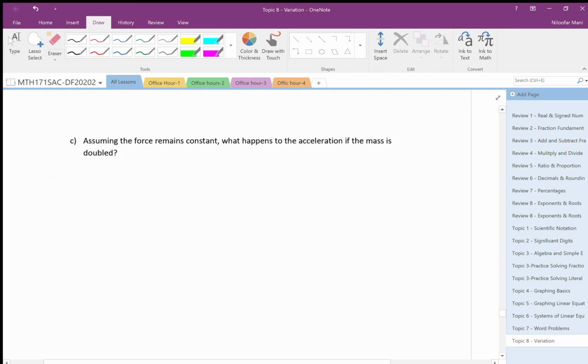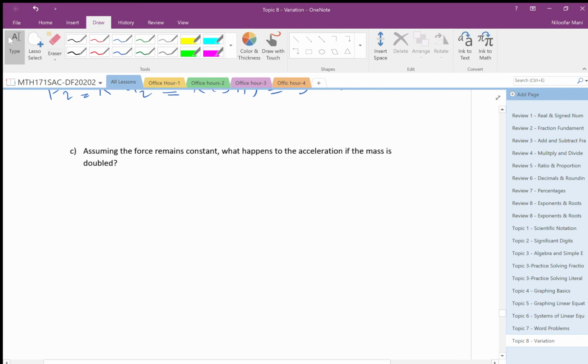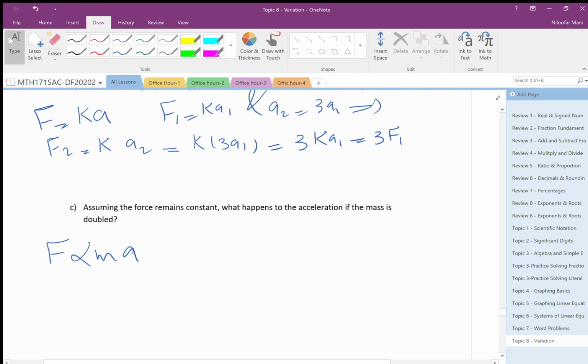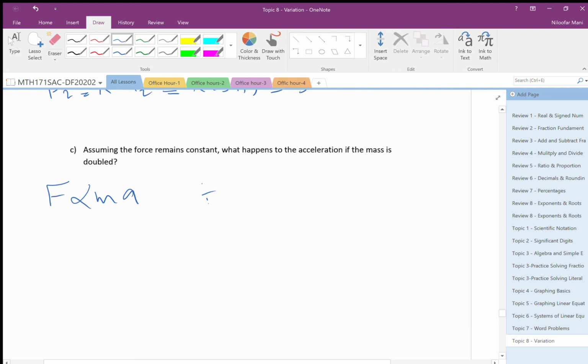How about assuming the force remains constant? Okay, so now I have F alpha ma, right? Yes. So I have F equal kma, but F is also constant.